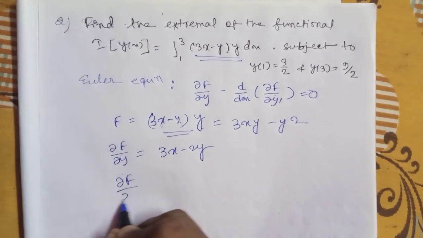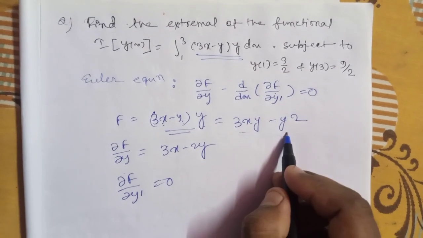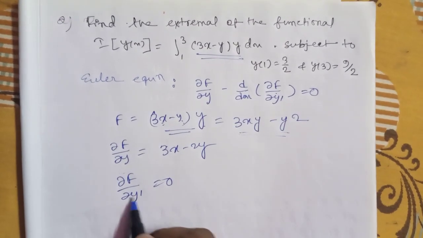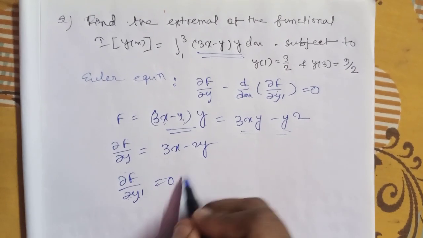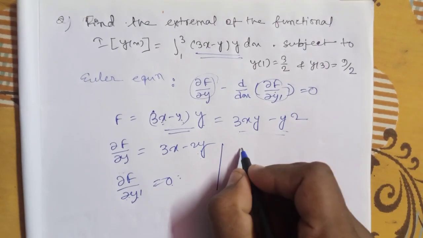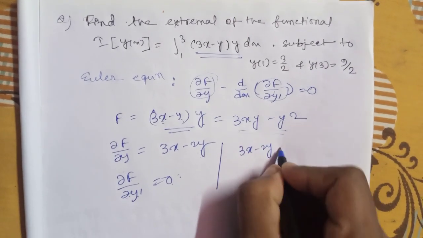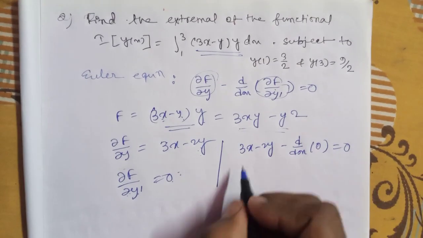Now what is del f by del y dash? It is 0 because there is no term of y dash. So the partial derivative of f with respect to y dash equals 0. Now putting these values in, we will get 3x minus 2y minus d/dx of 0 equal to 0.